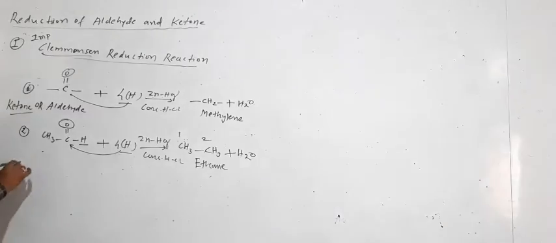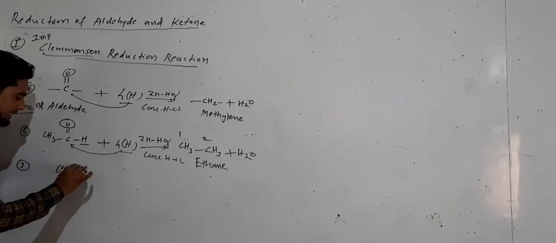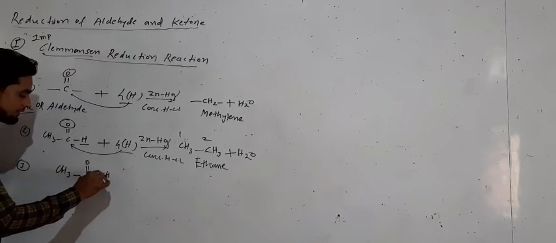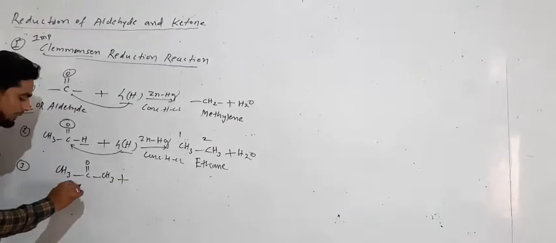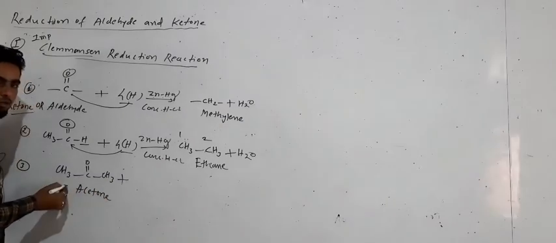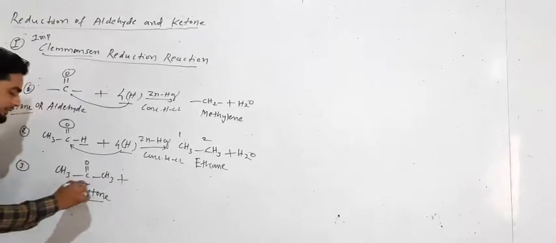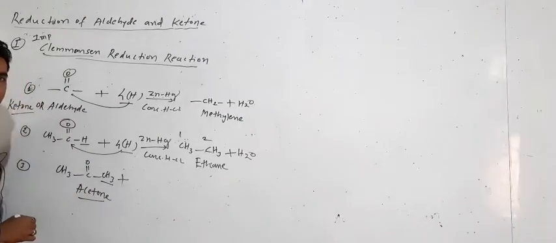Now, we take example number third. When the ketones, especially acetone, CH3COCH3. So, a ketone in which 2 similar CH3 groups are attached to the CO group is called acetone. क्लियर बेटा? अगर CO ग्रुप से अगर CH3 सिमिलर है तो उसको स्पेशल नेम क्या बोलेंगे? एसीटोन बोलेंगे.